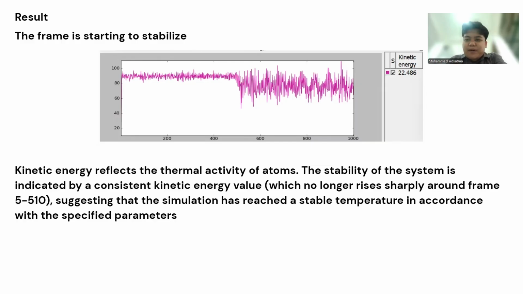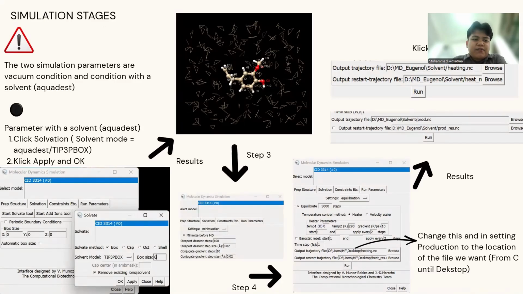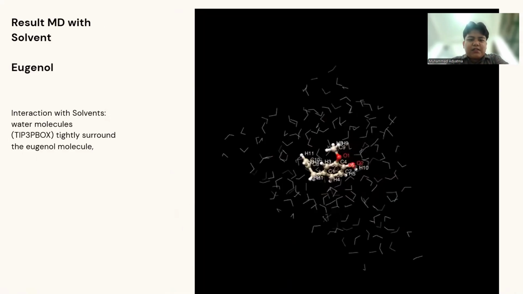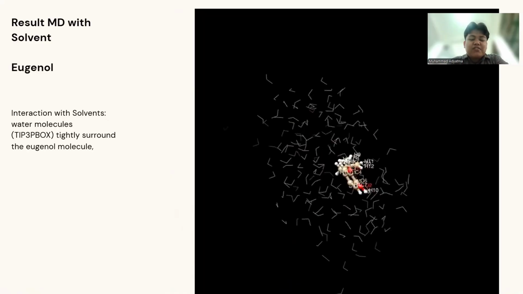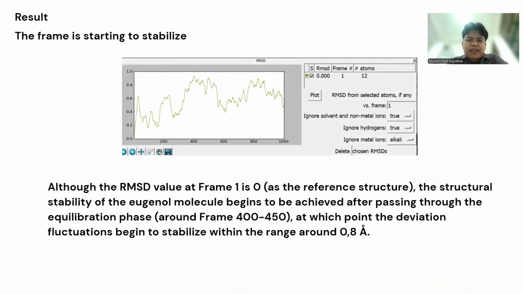Okay, the next simulation is the solvent mode, aqueous. These are some steps from before. This is the result again with the solvent, water. In the interaction with water, the water surrounds the eugenol molecule. This is the result for the RMSD, which also stabilizes.